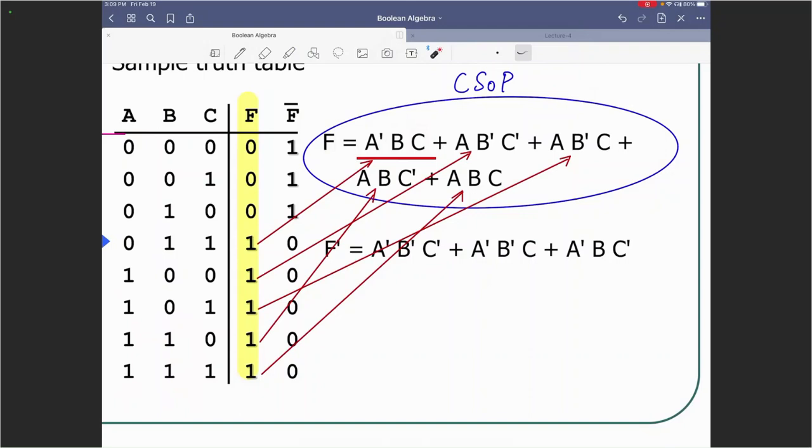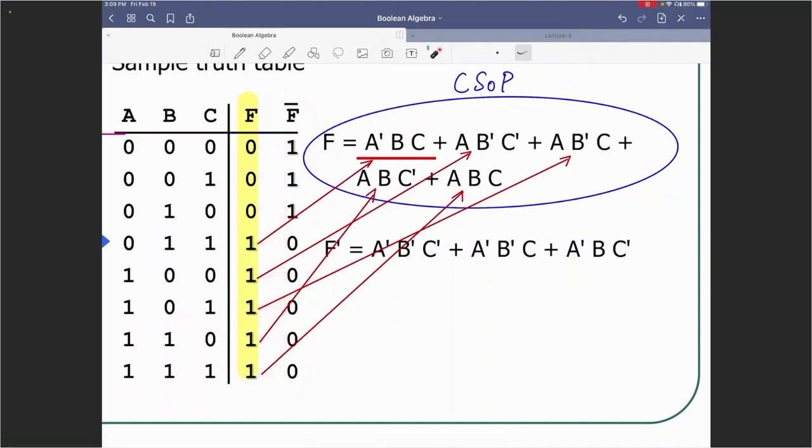And now if you notice, for F complement, because F complement is the exact opposite of F, I just flipped the 0s to 1s and the 1s to 0s.